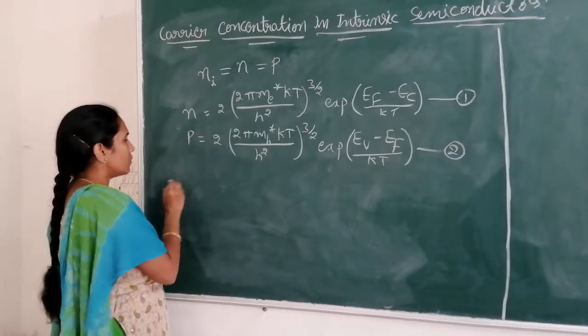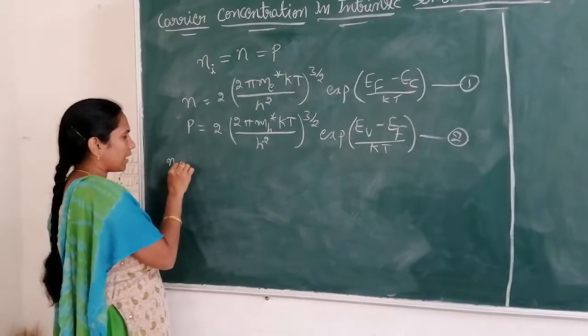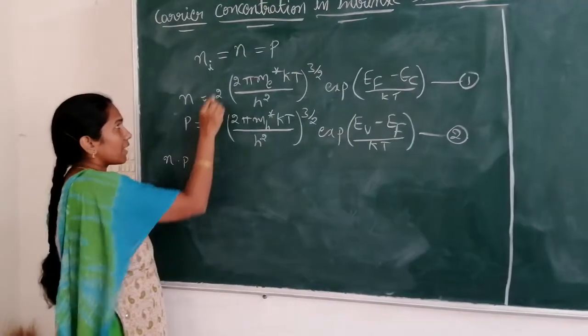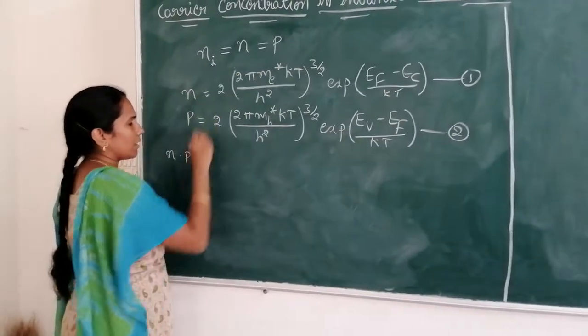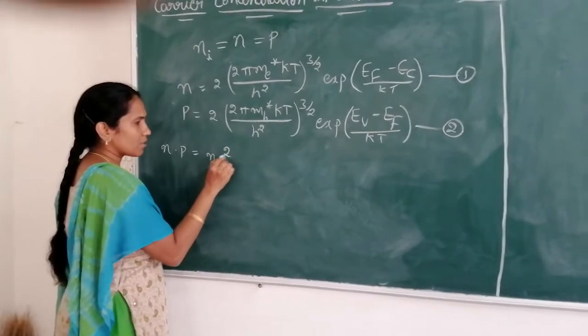Now from these two we are going to calculate the carrier concentration. So I am multiplying n and p. As n is equal to Ni and p is equal to Ni, the product of n and p becomes Ni square.